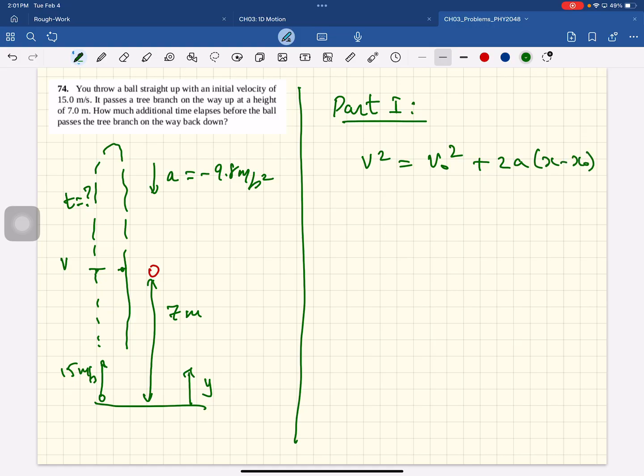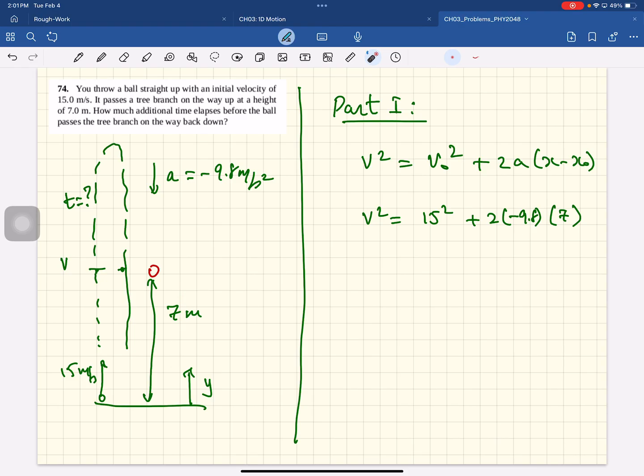Okay, so v squared is v naught squared, where v naught is the initial velocity, plus 2 times negative 9.8 times this 7 meters. So there's the x naught, v naught is that, and acceleration is negative 9.8 meters per second squared.